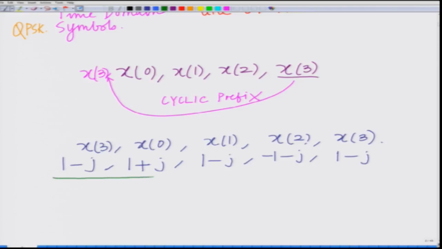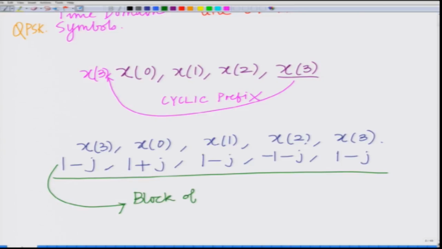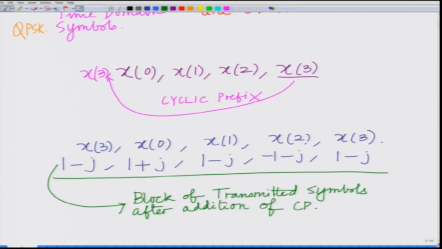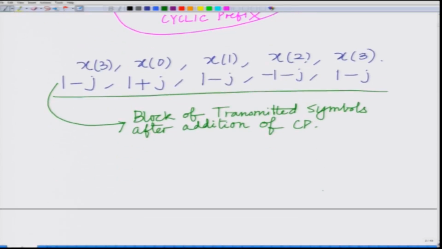This is the block of transmitted symbols after addition of the cyclic prefix.